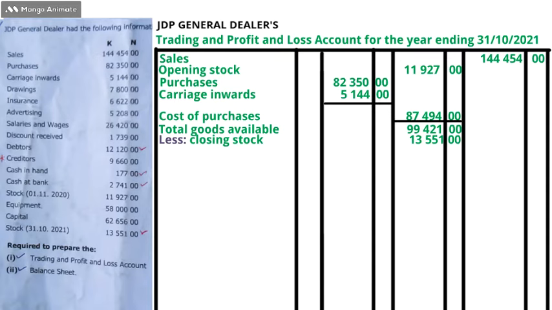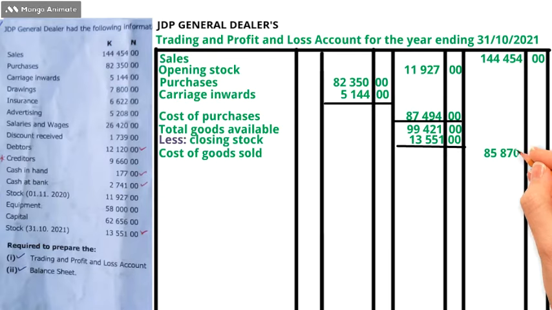The closing stock at the end, on 31st October 2021, is 13,551. When we subtract that, it's going to give us 85,870 kwacha.